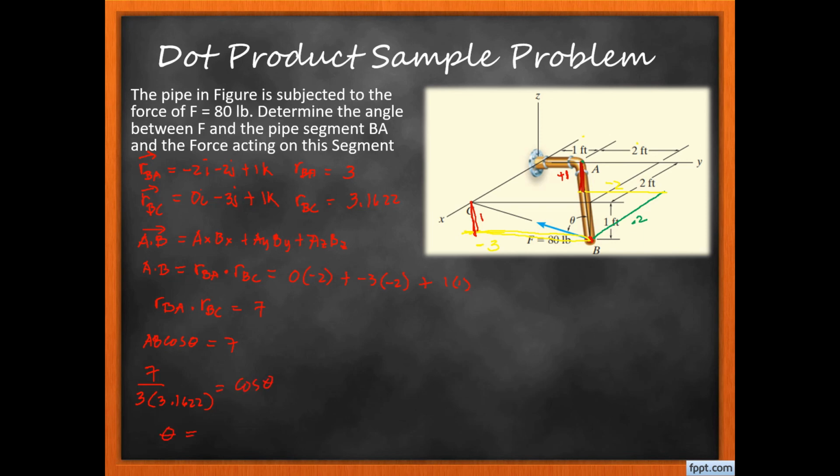So yung theta natin is equals to inverse cosine ng 7 over 3 times 3.1622. So meron tayong theta is equals to 42 degrees. Okay, ibig sabihin yung angle between force F saka dun sa ating member AB is 42.45 degrees.